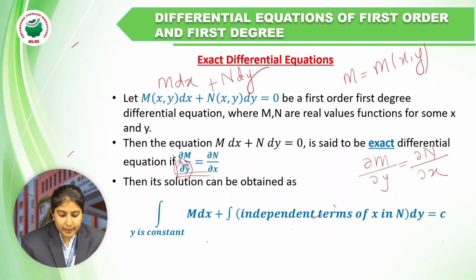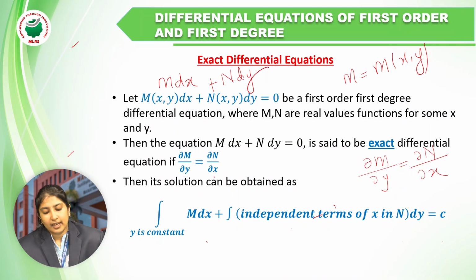Here dou m by dou y means you have to differentiate m with respect to y partially, leaving other variables constant. And in dou n by dou x also the same: you take only differentiation with respect to x, and other variables should be constant.